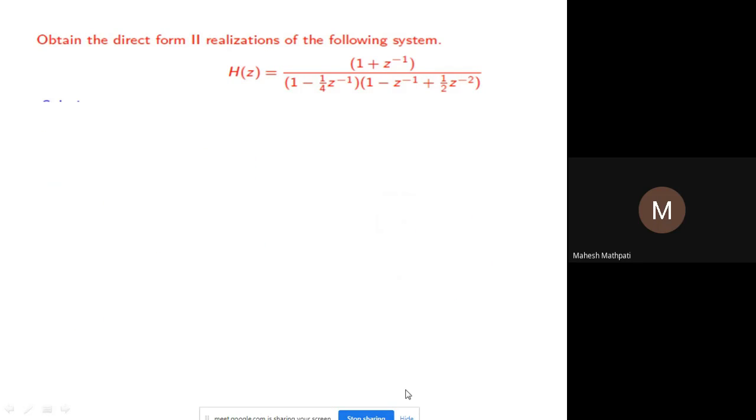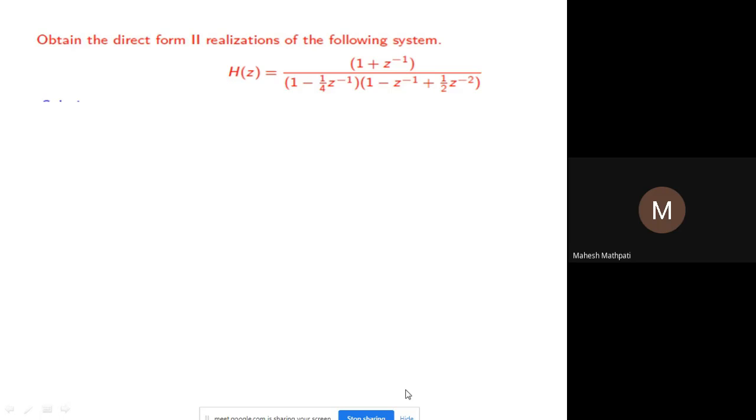Now take this part. Obtain direct form 1 and direct form 2 realization of the following system.